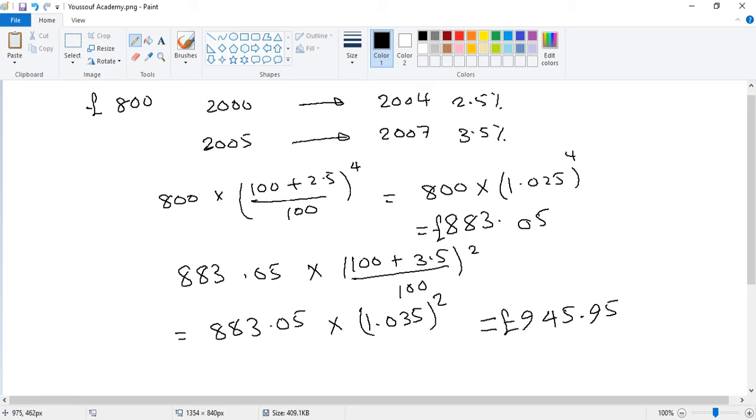This is the amount of money invested at the end of 2007. Two different rates: first 4 years at 2.5%, and then 2 years at 3.5%, and the 800 after 6 years becomes 945 pounds 95 pence.